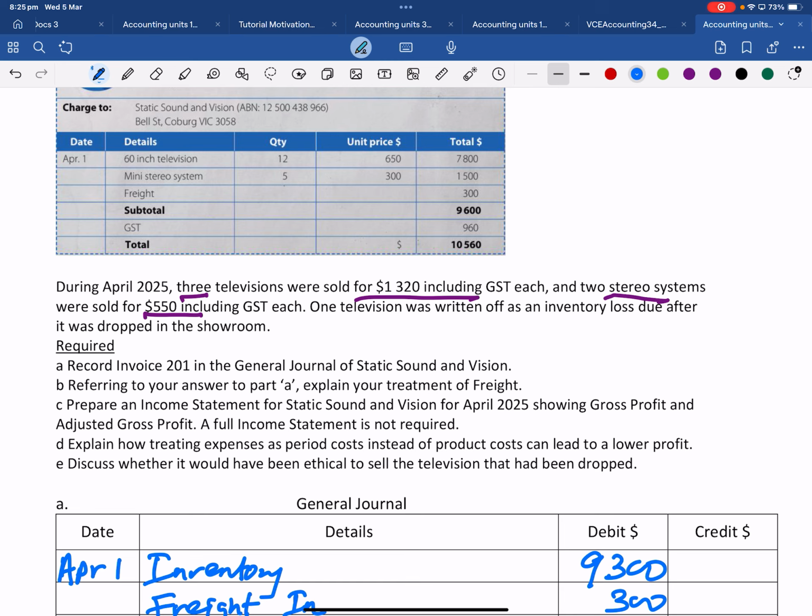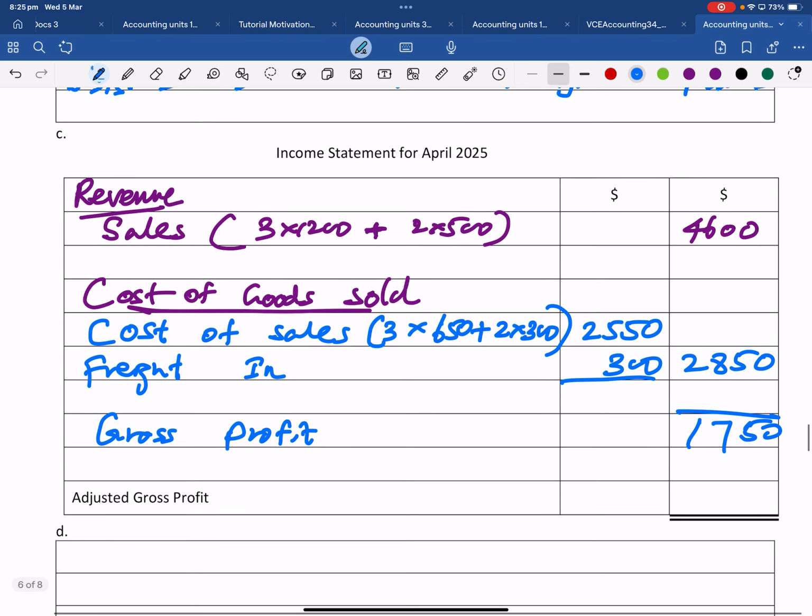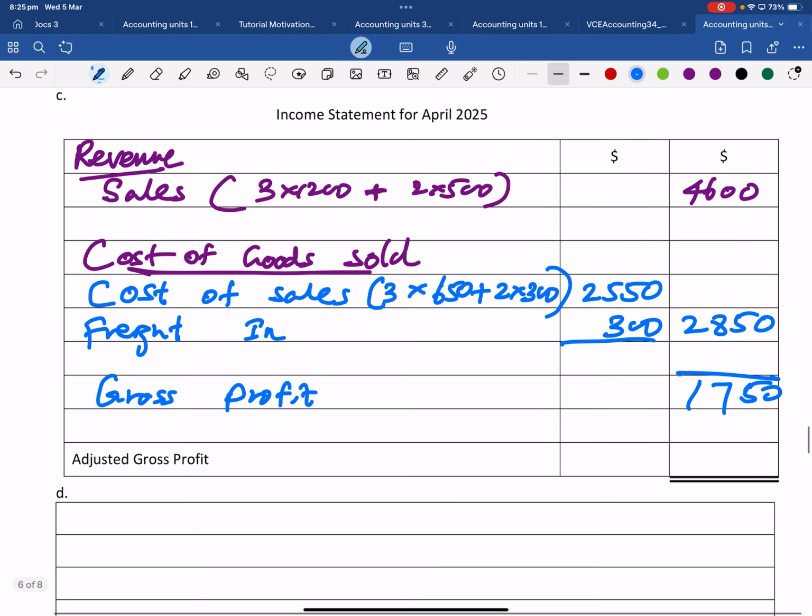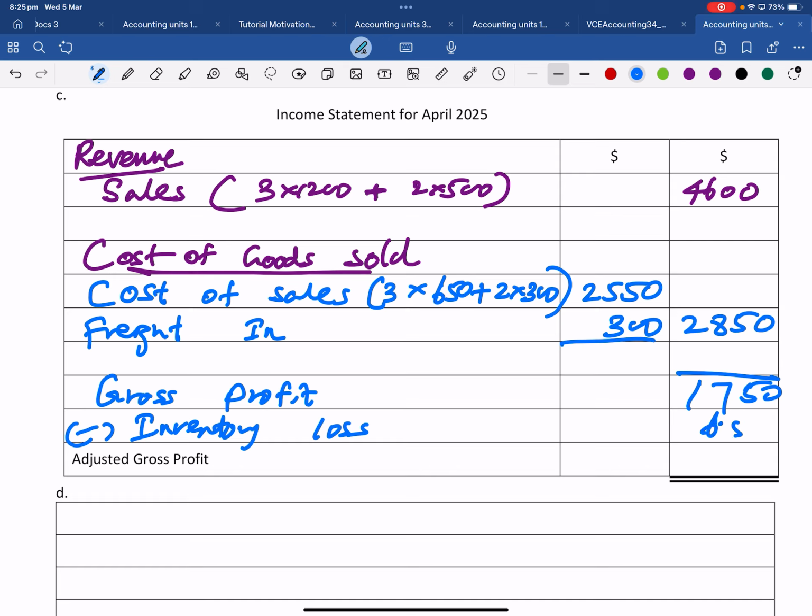Somebody dropped it to check its strength. Okay, then, what do you call it? Takeaway inventory loss. How much? 650. Now we'll get the adjusted gross profit.